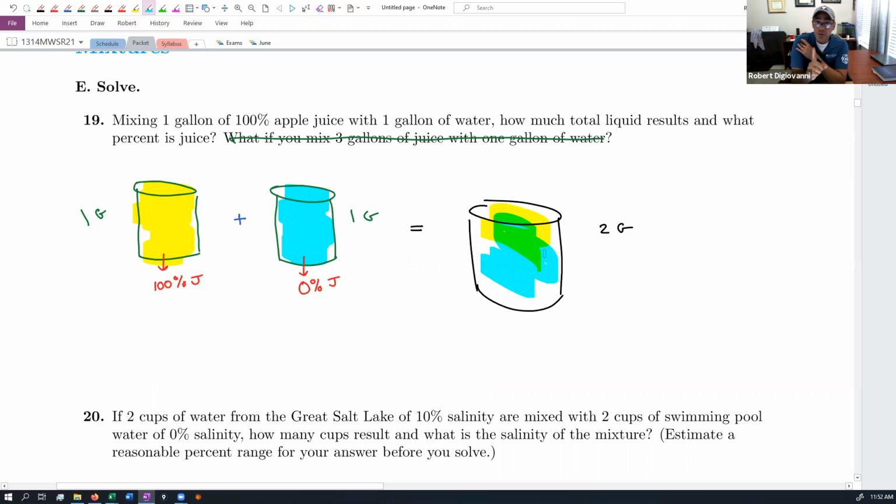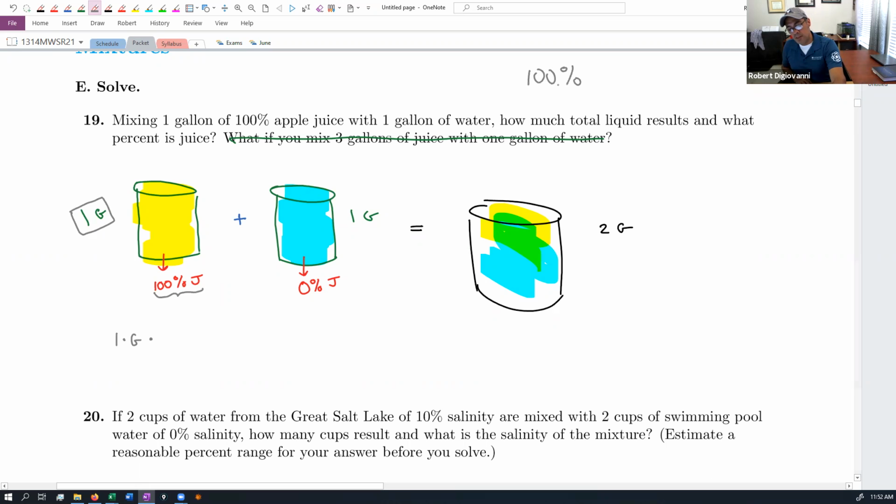So the way we do this is as follows. We go back to the beginning and we take the 1 gallon and we multiply it times this percentage of juice written as a decimal. Okay, so what's 100% written as a decimal?